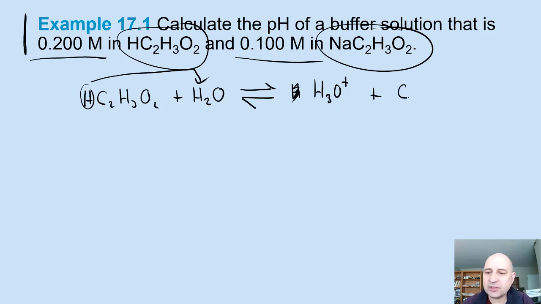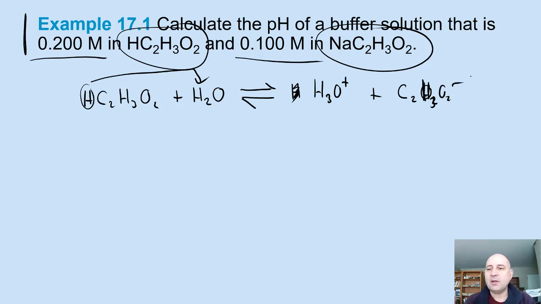But what it produces is a conjugate base. And that relationship between a weak acid and the conjugate base of that weak acid, that's important. And so we have the C2H3O2 minus, acetate, whichever way you want to draw it.